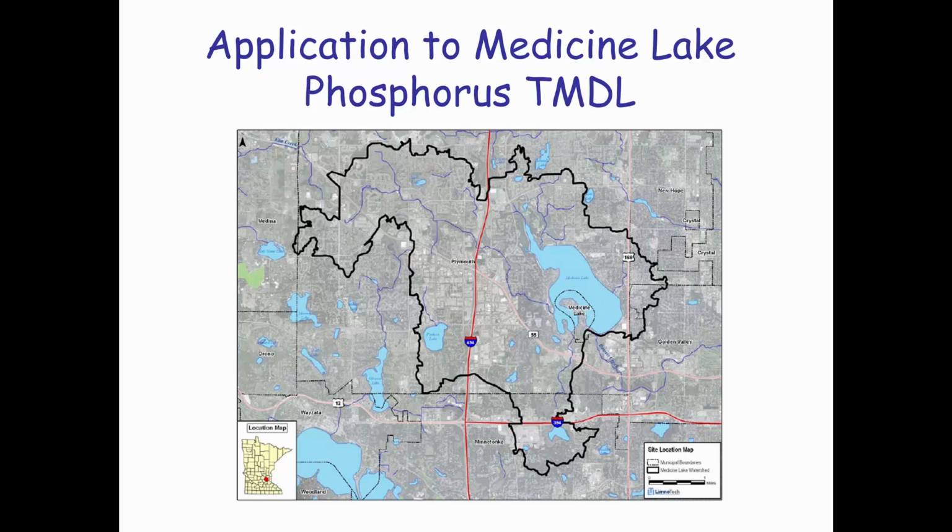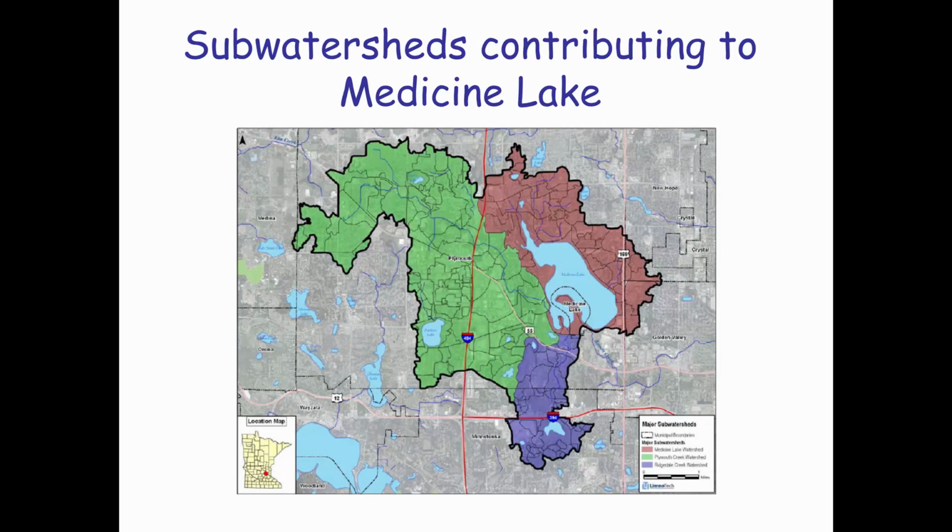Medicine Lake is located in the western suburbs of the Twin Cities. Here you see the boundaries of the watershed, and you can see Medicine Lake, Interstate Highways 494 and 394 visible on the map, so you get a perspective on where this is located. The major tributaries for the lake are shown here.